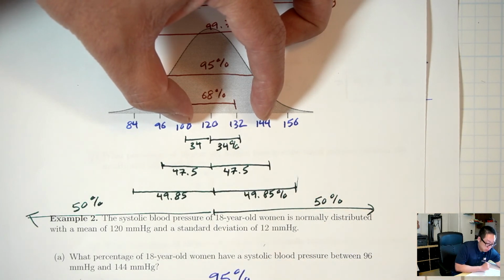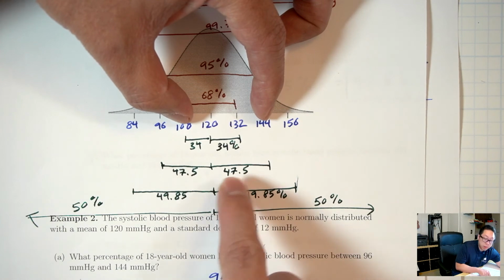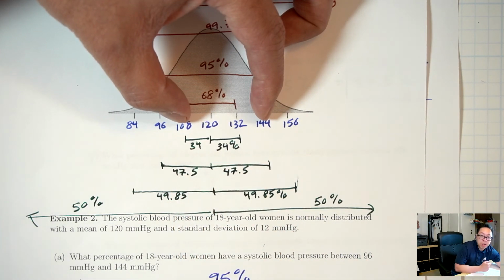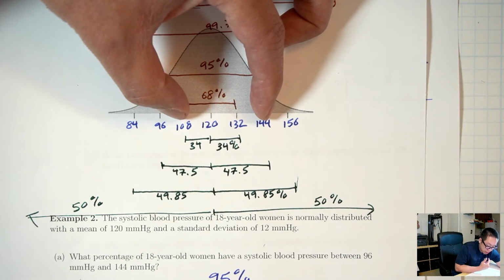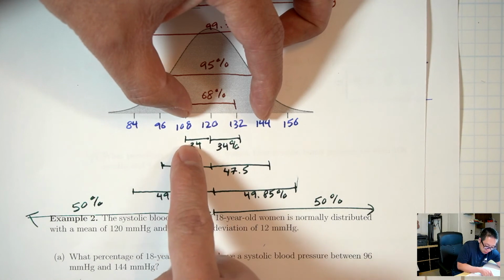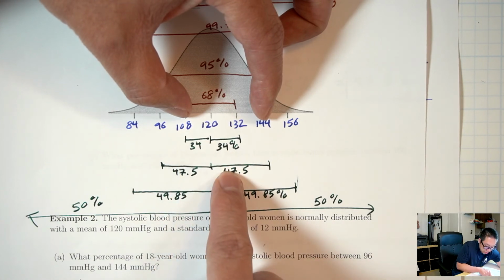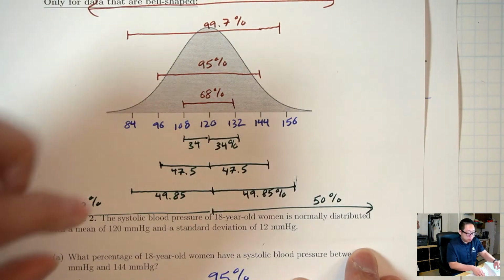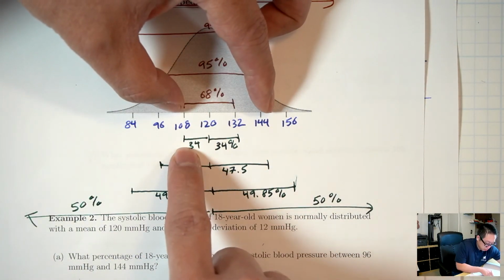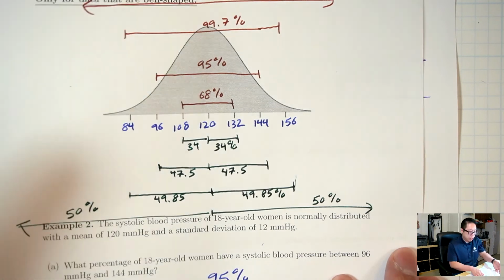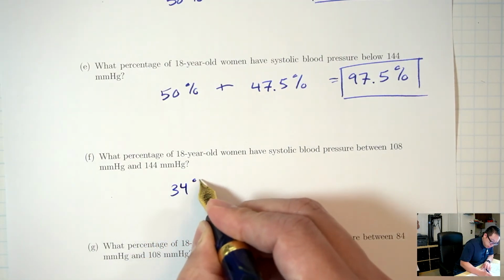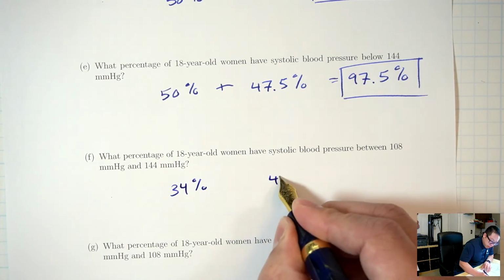So I know it should involve the 34 and the 47.5, so this piece and this piece. Do you add or do you subtract? Hopefully by just looking at the picture, it's clear that you would add these two to get this piece. So let me write that down: 34, 47.5.